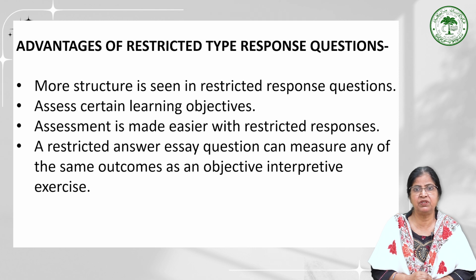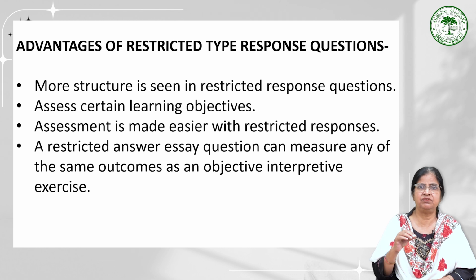Another example of the same situation can be asked just to know whether the student is able to apply this particular reason to another situation. And to check the psychomotor skills, we can give a question such as: draw this particular picture on your copy, and we can assess whether the student is able to draw this particular diagram.